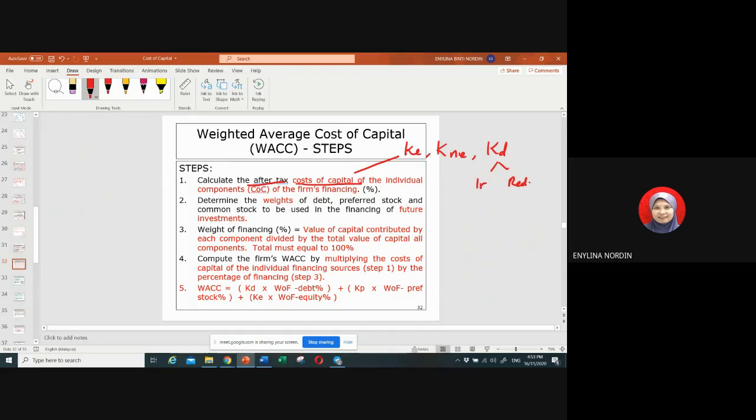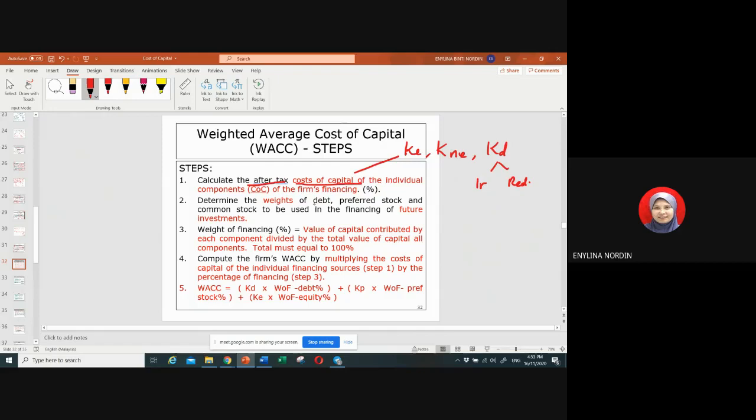The second step is you need to determine the weightage of the debt, the weightage of the preferred stock and the weightage of the common stock to be used in financing future investment. That is the weightage of financing.